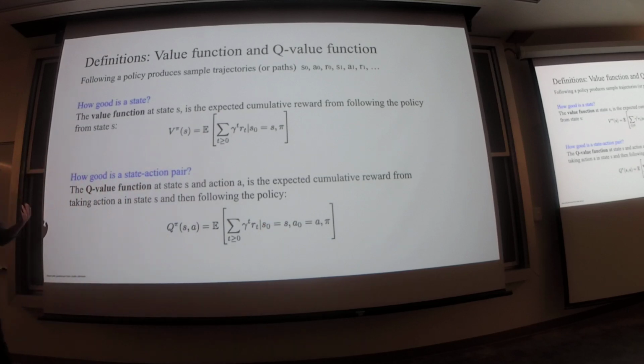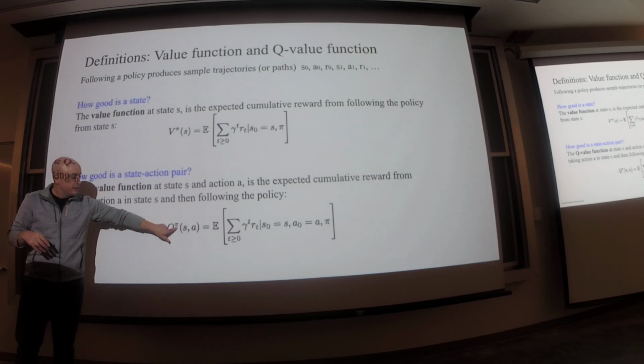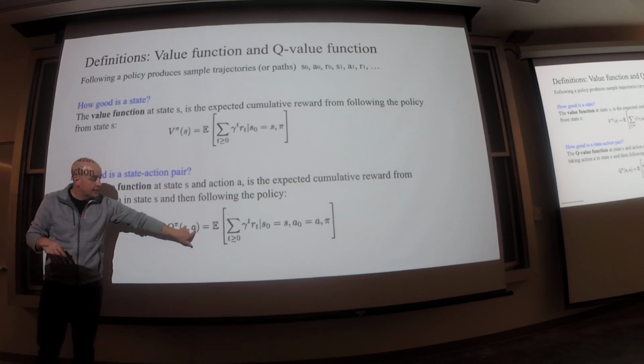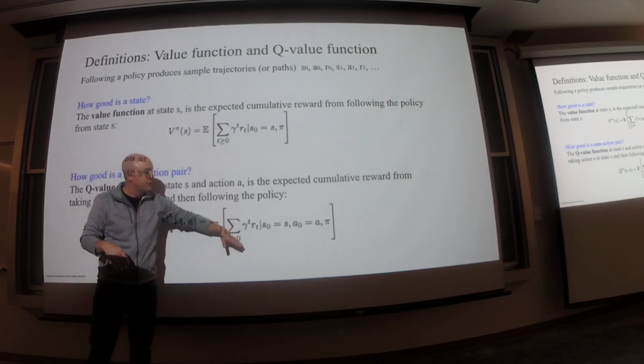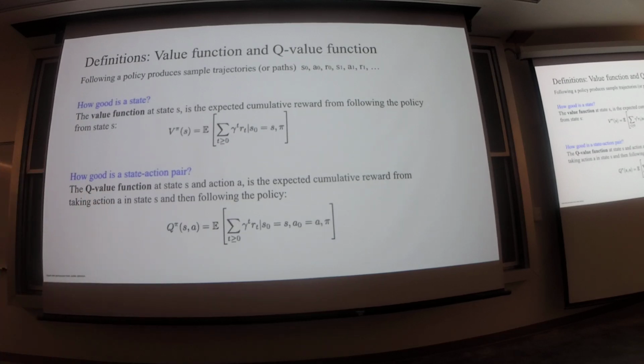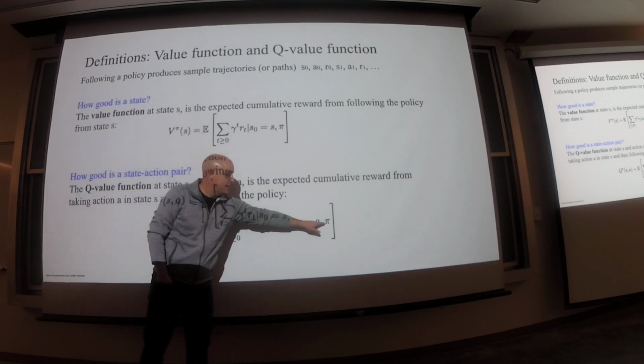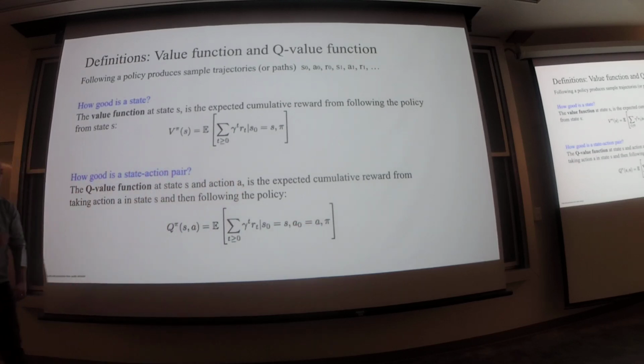So given a policy, the value of this state-action pair is the expected cumulative reward if we start in that state and take that as the initial action. And once we do that, the policy takes over and determines whatever actions we take next, and that changes the state and so forth. So again, these expectations are taken over the future states and actions that we get to because of the policy.